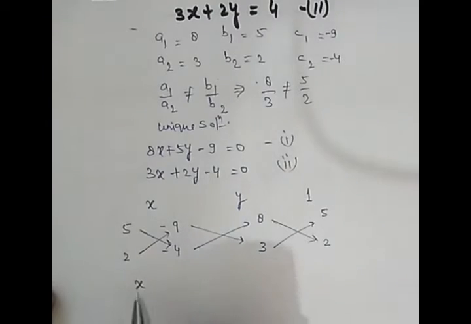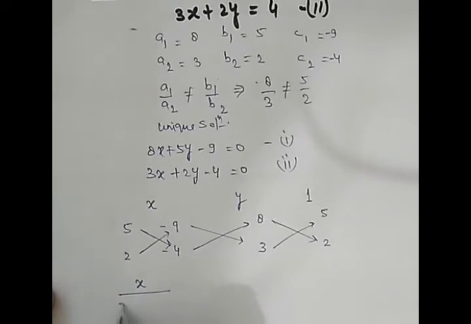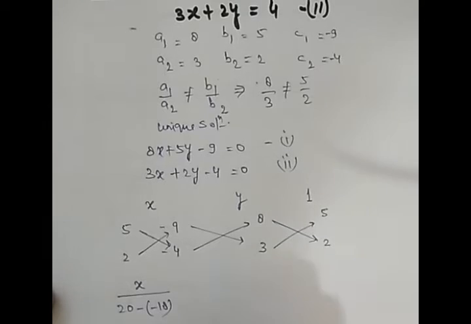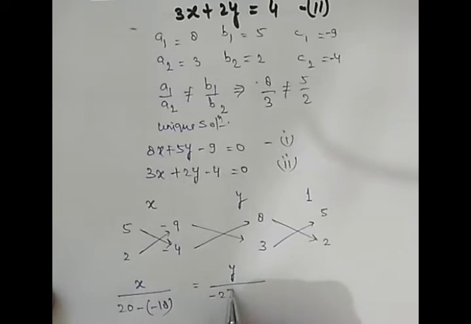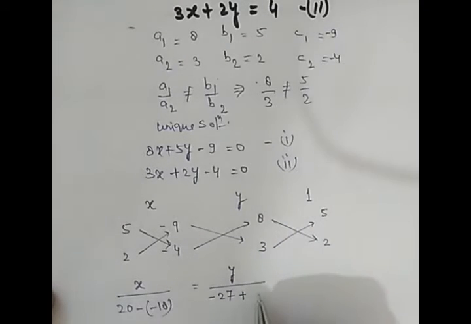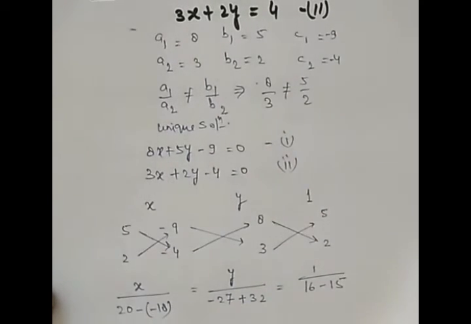So we will write x upon 20 minus 18 is equal to y upon minus 27 plus 12 plus 32 is equal to 1 upon 16 minus 50. Okay, now we can solve any one.